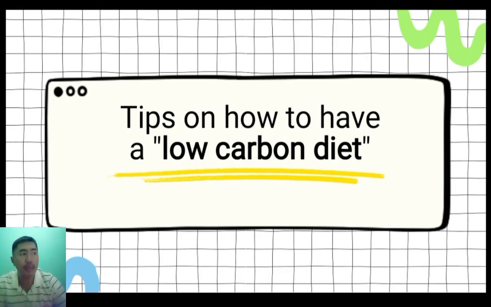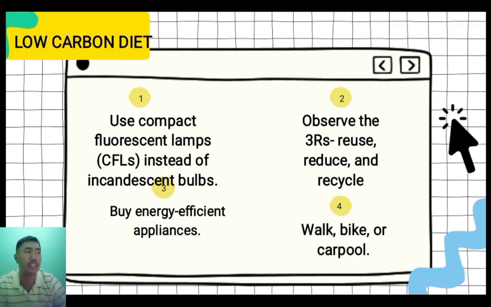So there are tips on how to have a low carbon diet. First is use compact fluorescent lamps or CFLs instead of incandescent bulbs. So why do you think this is one of the tips on how to have a low carbon diet?